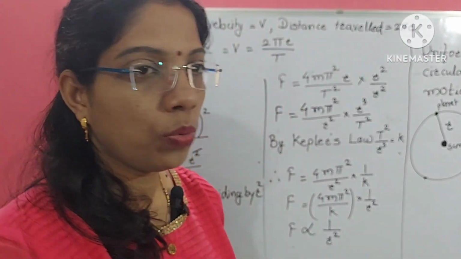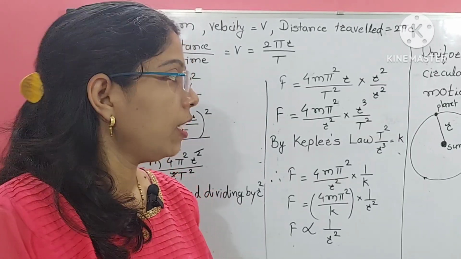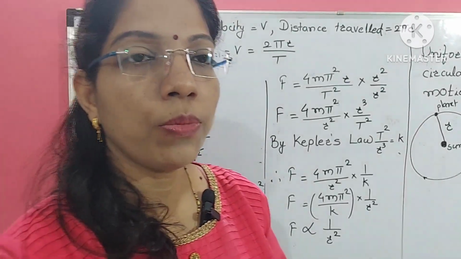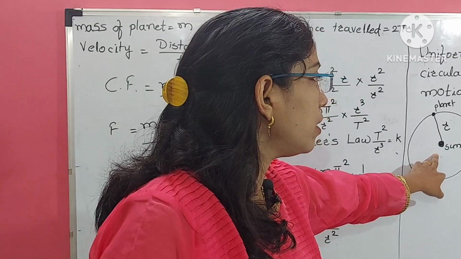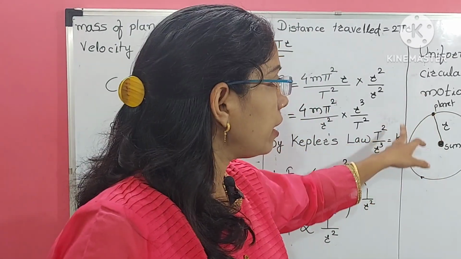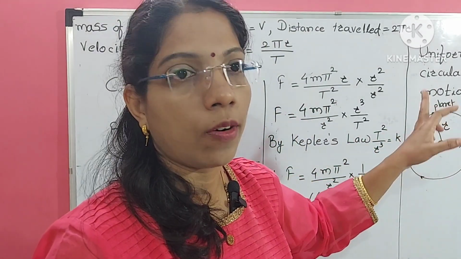So we have to assume a planet performing uniform circular motion around the sun. The sun is at the center and the planet is performing uniform circular motion around the sun.